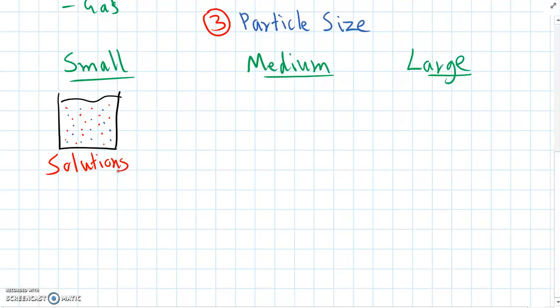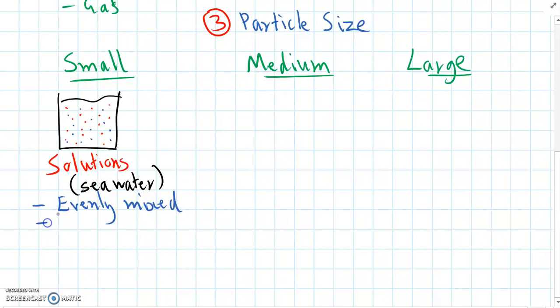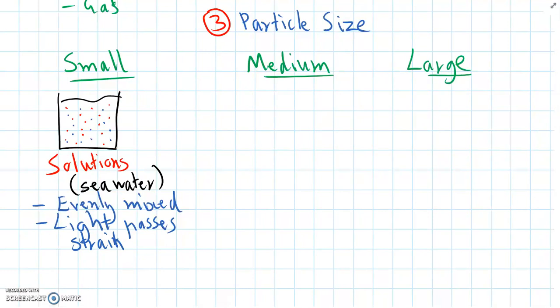So we've already learnt about solutions, such as seawater, and the properties of solutions are that the particles are evenly mixed, and that light, if you shine a beam of light through it, passes straight through.